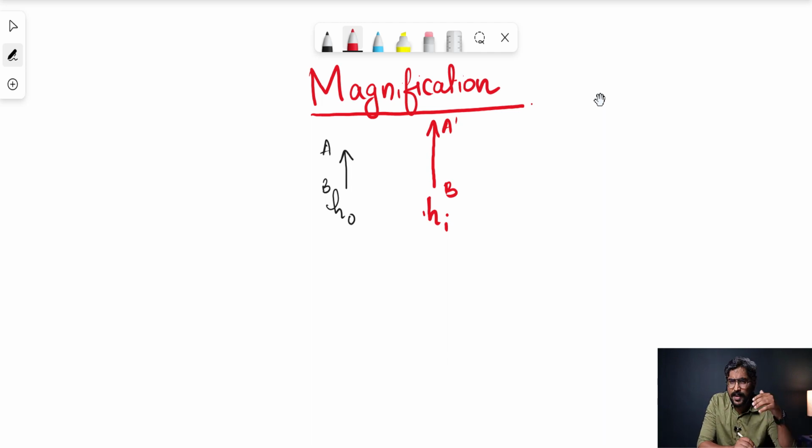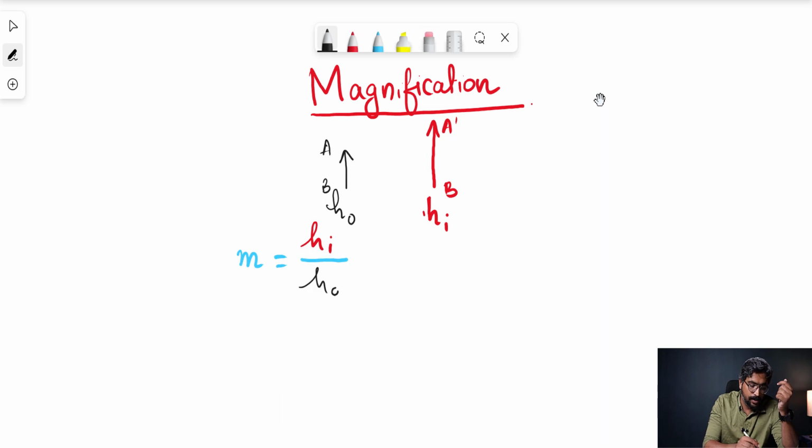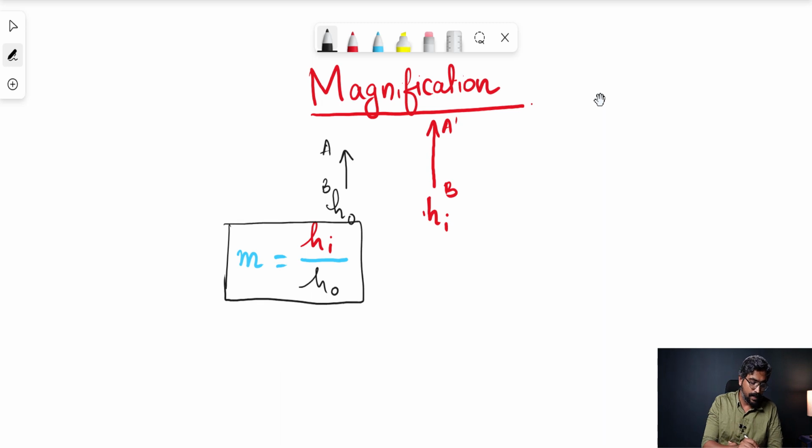So here I am comparing the height of the image with respect to the object. So there comes a new term, magnification, denoted by M, and it is given by the height of the image to the height of the object. So M = HI/HO.